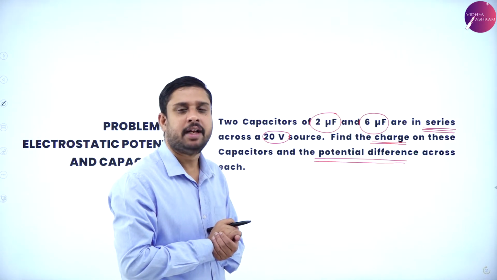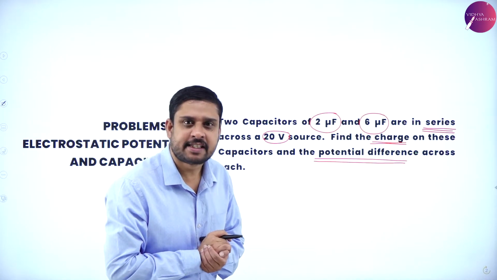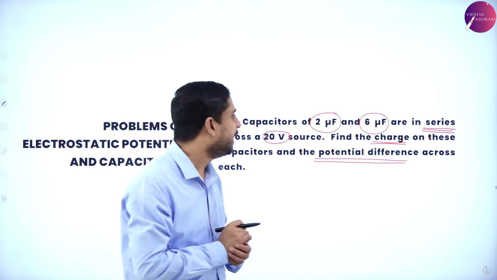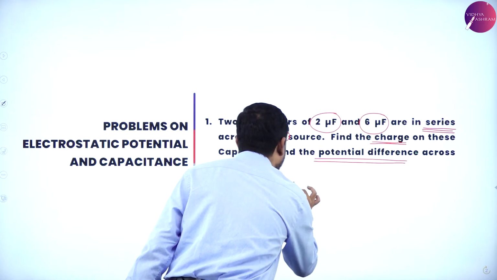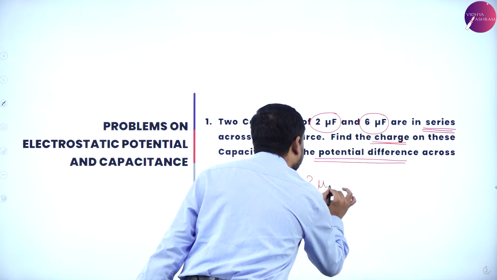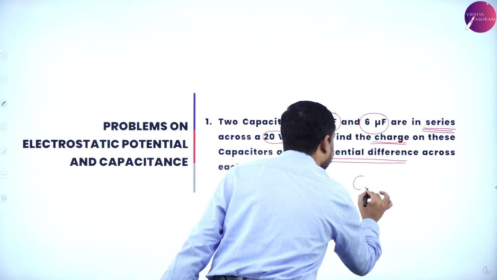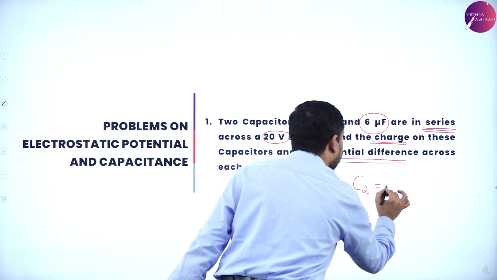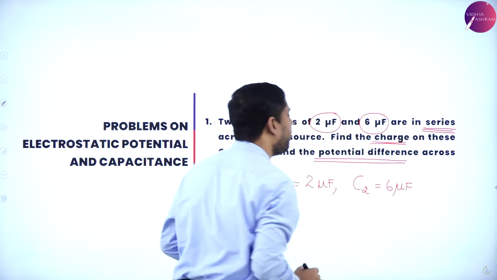Now, as we do, we will first note down the data. C1 is 2 microfarad and C2 is 6 microfarad.